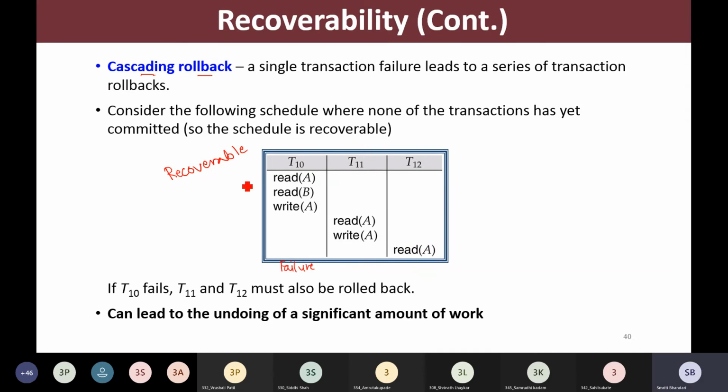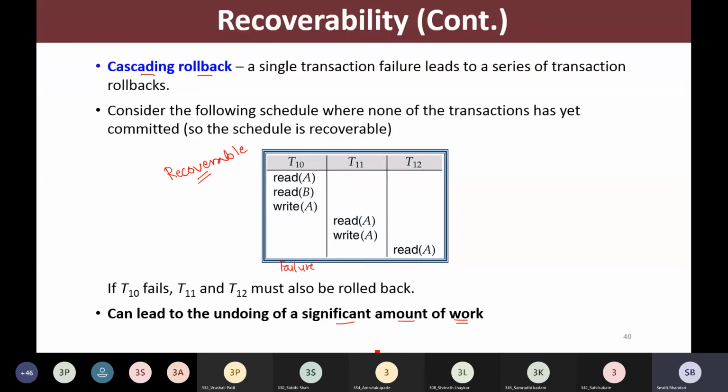So even though this schedule is recoverable, sometimes a series of transactions needs to be rolled back because of the failure of one of the transactions. This situation is known as cascading rollback. If there are such cascading rollbacks, a significant amount of work can be undone. So while generating schedules, we need to think of this parameter also.